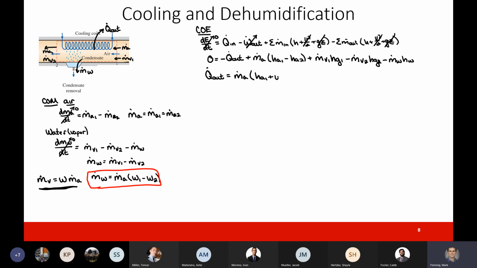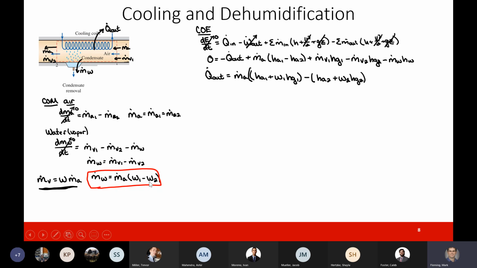When we do that, we'll have plus the humidity ratio at 1 times h sub g1. I'm going to put an extra set of parentheses here. Then we'll have minus the enthalpy of the dry air at state 2, h sub air 2, plus the humidity ratio at 2, h sub g2, doing that same substitution.